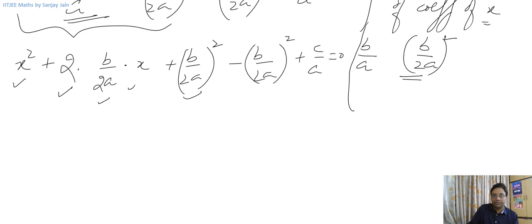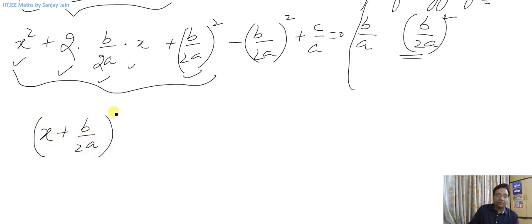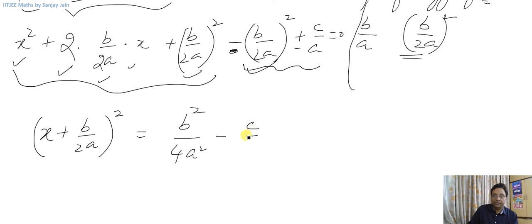So let us go to the next step. Let us write it in complete square form, that is x plus b by 2a whole square. And you can take this on right hand side also, so let us take it on right hand side, b square by 4a square. I have squared this and taken it on right hand side, so this negative sign will go and it will become positive, and here it will become minus c upon a.